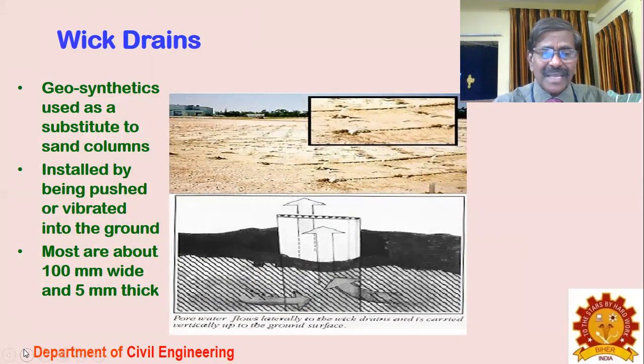Just like an inspection gallery, you construct it with geogrids or geosynthetic materials, then you pump out the water, then consolidation takes place at the lower level, which will cause compaction in the soil, and the soil character will improve in terms of stabilization.